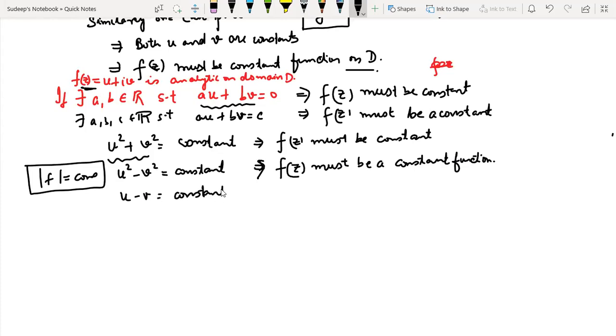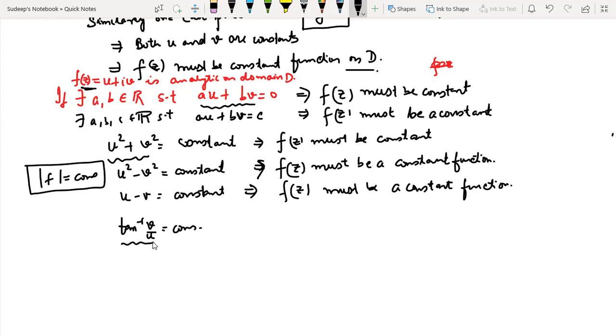It again implies that u and v are lying on the same curve. So it implies that f(z) must be a constant function. So if all of these things are given to you, I don't think you're going to get confused in any of the exams that you're facing. Okay. What if tan inverse of v upon u is a constant? It implies that the argument of f is a constant, and I have already proven that it implies that f must be a constant function.